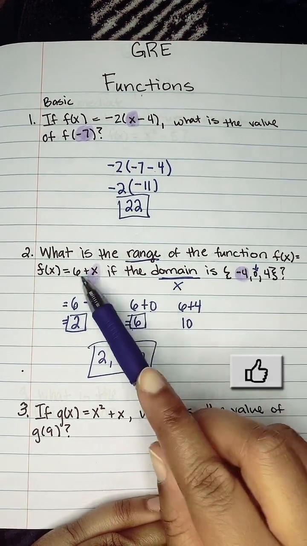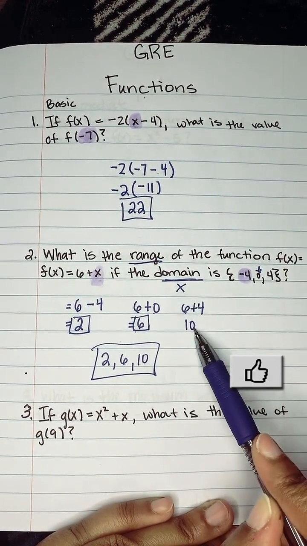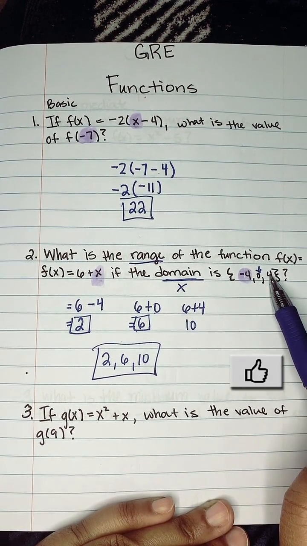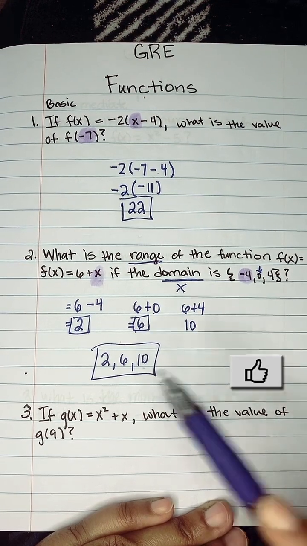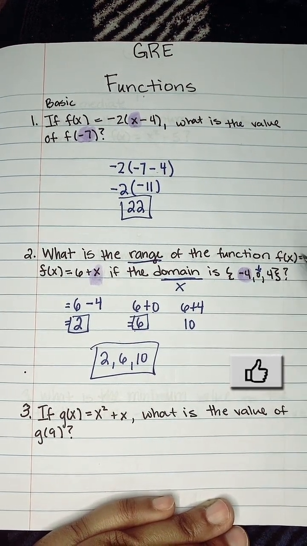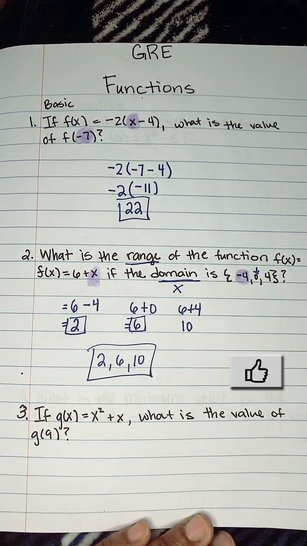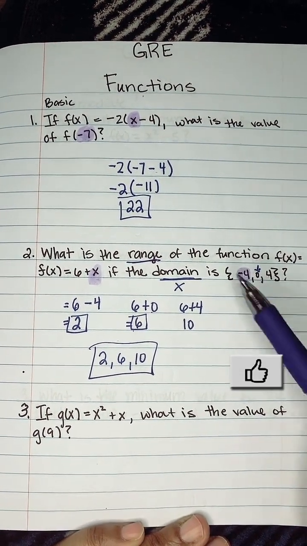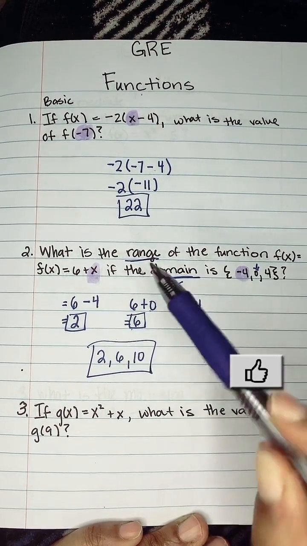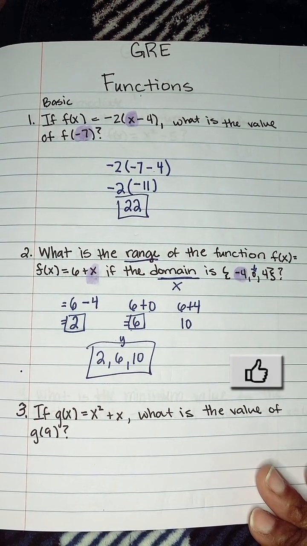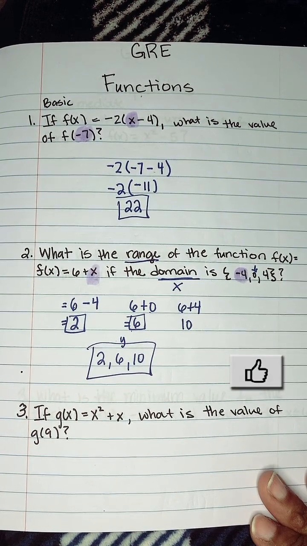We plugged in 4. 6 plus 4 is 10. So when the domain is 4, so when our input is 4, our output is 10. Okay, that's another way you could say it. Inputs, these are the inputs, these are the outputs. And all that means is these are the x's and these were the y's that we found.